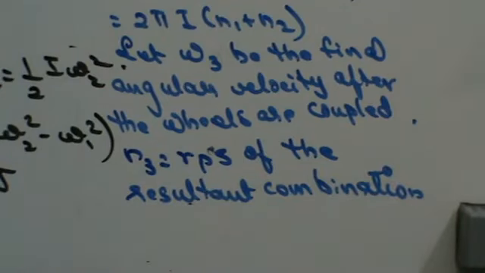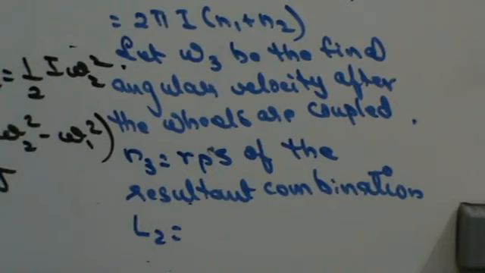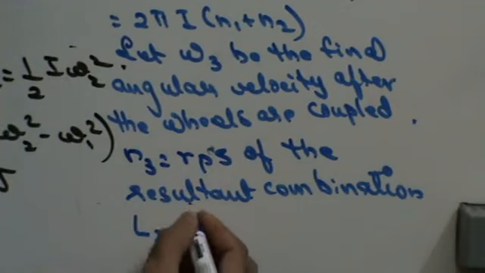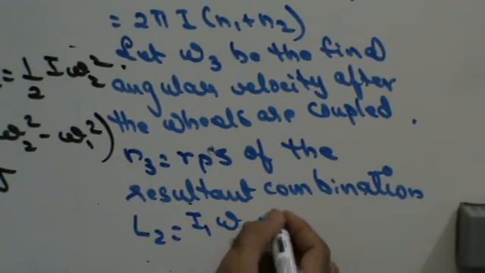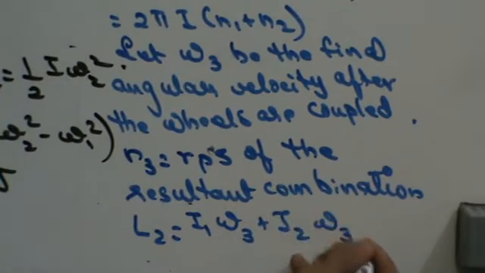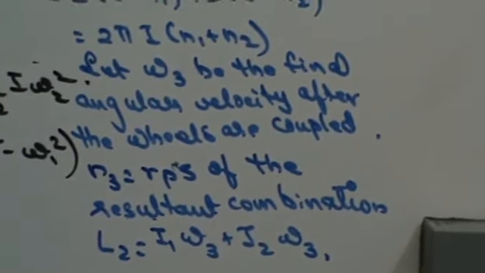So I can therefore say that L2, the final momentum of the system, with both the wheels coupled together, will be nothing but I1 omega 3 plus I2 omega 3. Since both the wheels have been coupled together, they will have the same angular velocity. Both of them are going to be moving with the same speed. Now I1 is equal to I2.